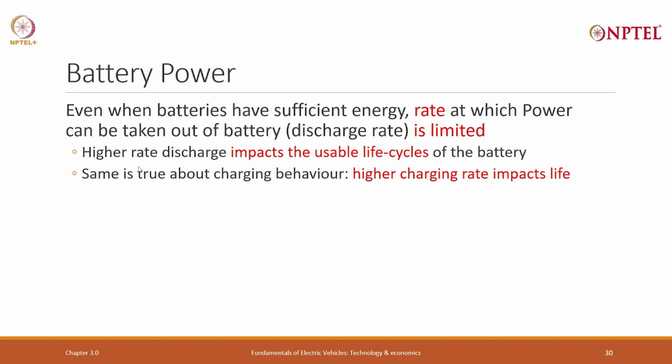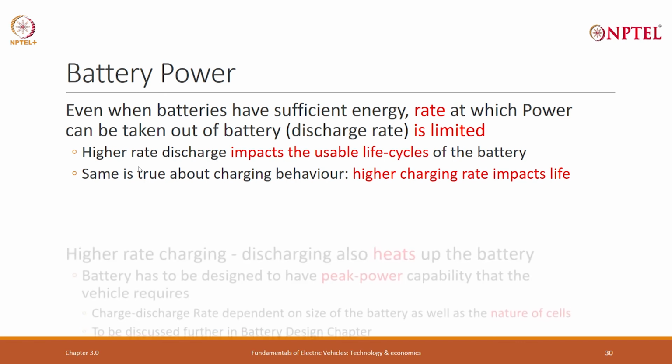Battery power is important. Even when batteries have sufficient energy, the rate at which power can be drawn out, that is the C rate, is limited. If you try to draw too much power, it hurts the battery life. The rate of charge or discharge impacts the usable life cycle of the battery. And similarly, if you try to charge it fast, it impacts the life cycle of the battery.